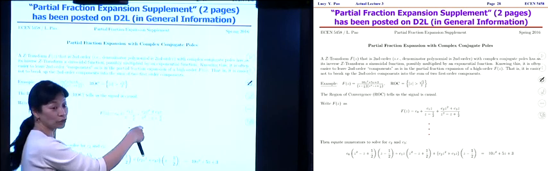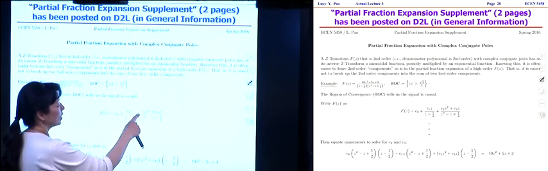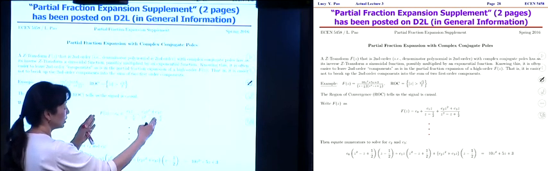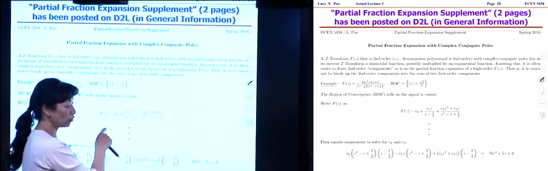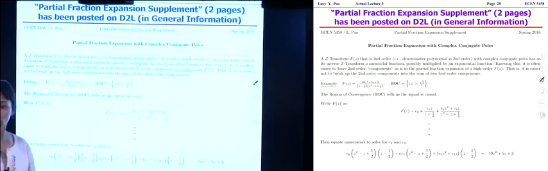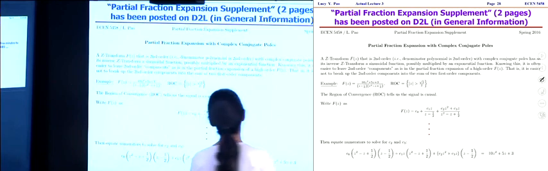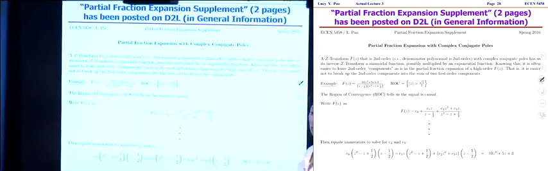And these second order factors also exist in your typical z-transform table. Then you would deal with only real coefficients. So all the C's here, including C2 and C3, would end up being real. So you try to avoid handling complex numbers. So there's a supplement on how you do that if you want to do it that way.